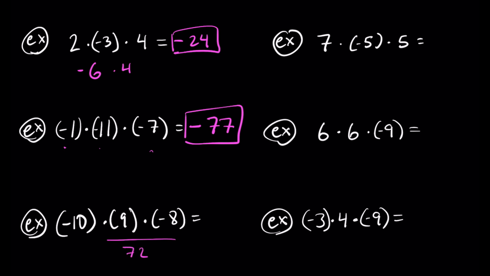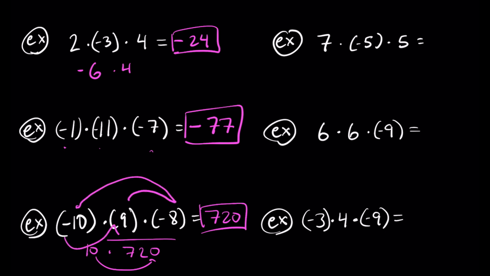Again, I'm ignoring the negative signs because I know my answer is going to be positive. And then times 10. And I just stick that 0 at the end and I get 720. Remember, multiplication is associative, so you can do the multiplication in any order. I can do the negative 10 times 8 times 9, or I can just go left to right. Does not matter. You'll get the same answer each time.